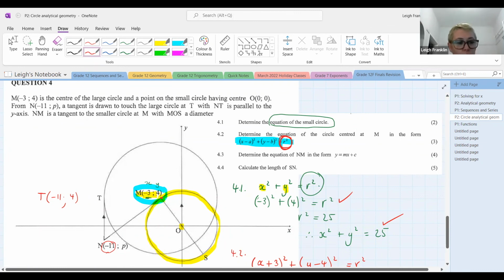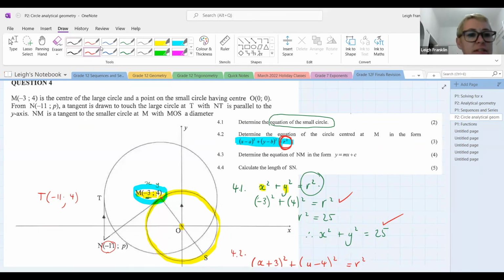In other words, what you're saying is because this line over here is parallel to the y-axis, that's really important in this case.